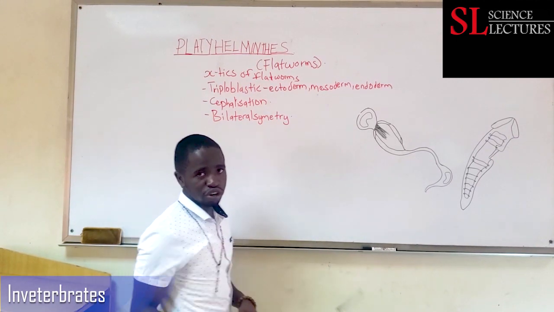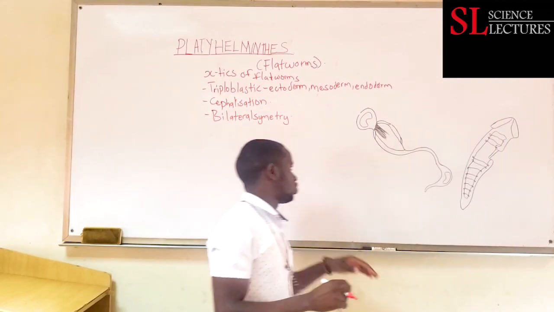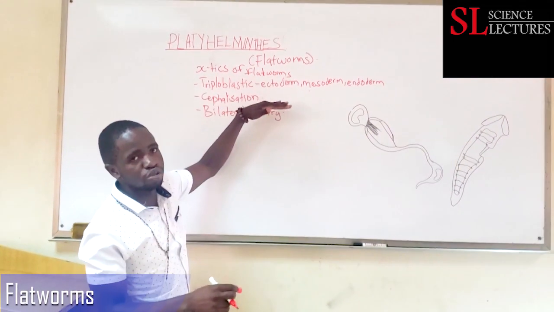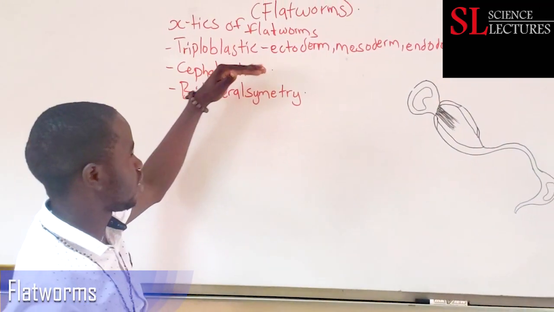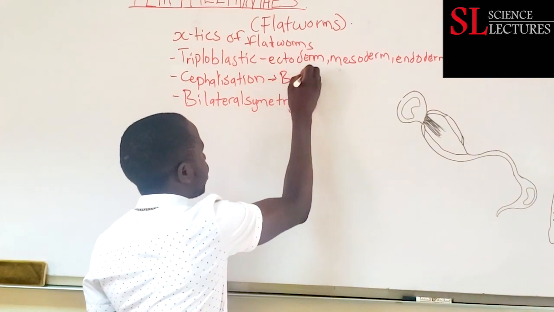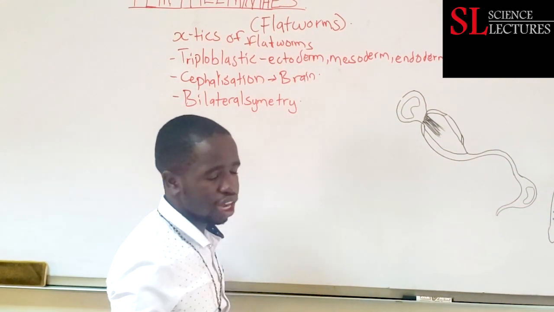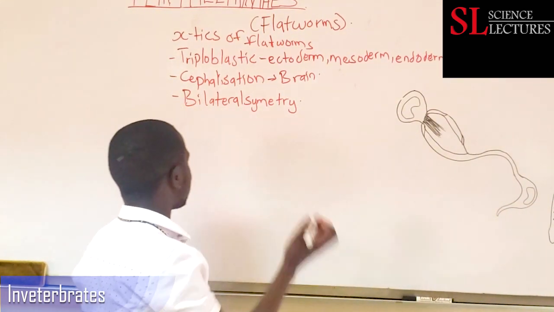So these are the first organisms we are seeing that exhibit bilateral symmetry. And we said bilateral symmetry is associated with cephalization. This is so because cephalization means there is development of a brain. And where we have a brain, we have faster responses to external changes of stimuli.